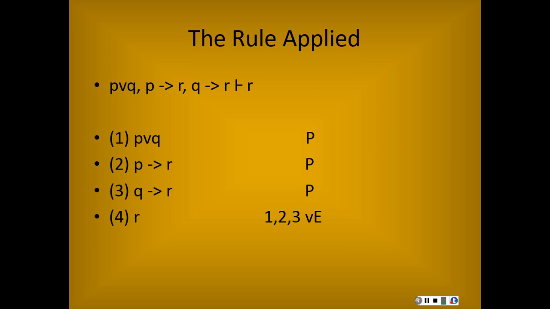We have on line 3 another conditional that has the other disjunct of that disjunction as its antecedent and R as a consequent. Because we have all that, we are permitted via the rule of disjunction elimination to write down R. Okay, that's a straightforward example of the application of the rule of disjunction elimination.